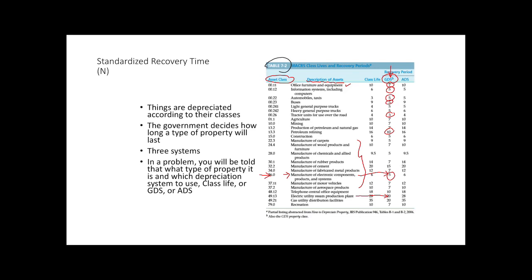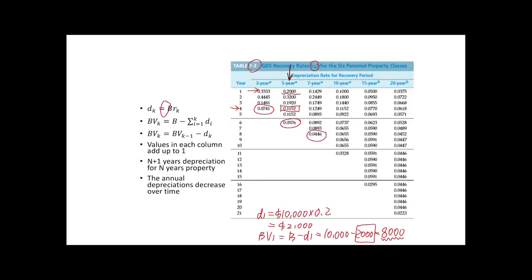For example, if you buy a computer for your company, you want to know the computer is class 00.12. Then using the GDS method, the useful life is 5 years, or the recovery period is 5 years. It could be other items in the final, so you always want to determine, based on the description of the asset, what class it is, and then find out how many years the recovery period is.